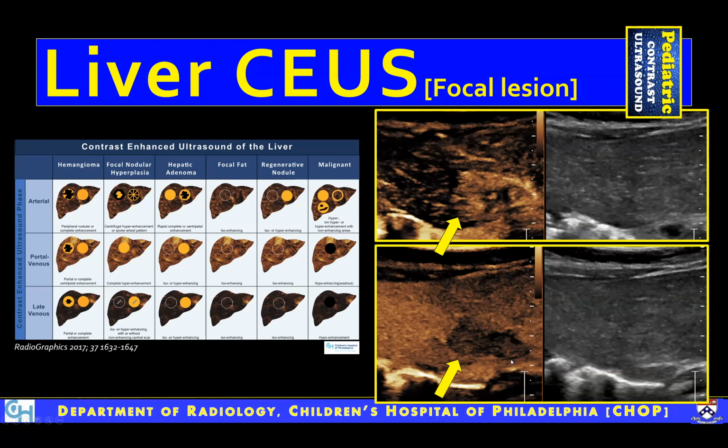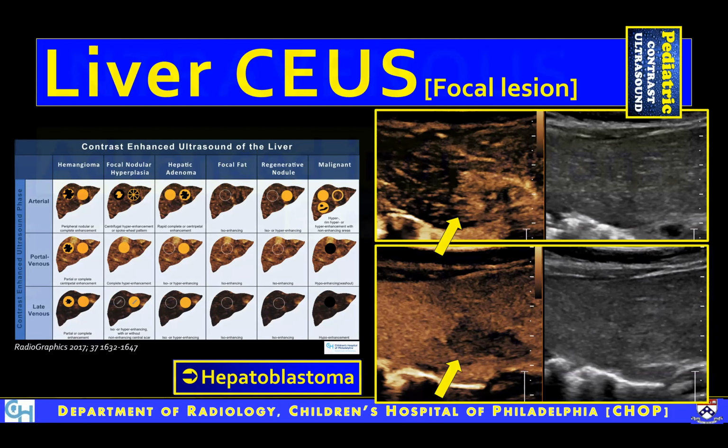And the washout, as previously mentioned, the likelihood of malignancy is very high with washout, even in children. And then this went on to biopsy without having to go to MR or CT, and it turned out to be a hepatoblastoma. So we use similarly these charts to categorize all the liver lesions in children too.